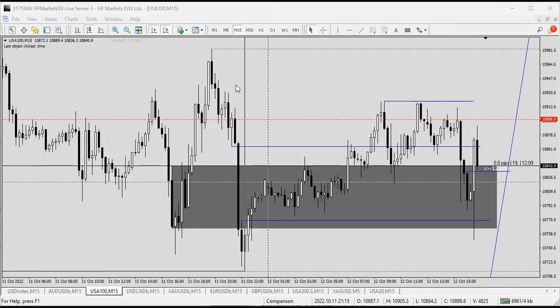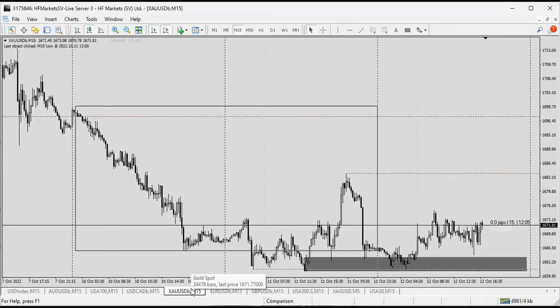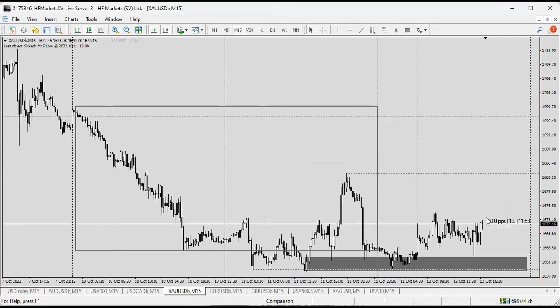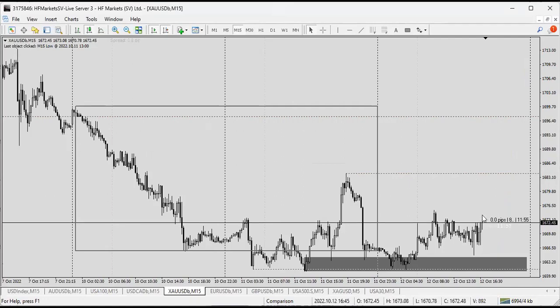Caught gold at 1666.59. You're up 50 points. I mean, once you're partial in break even, you should be fine.